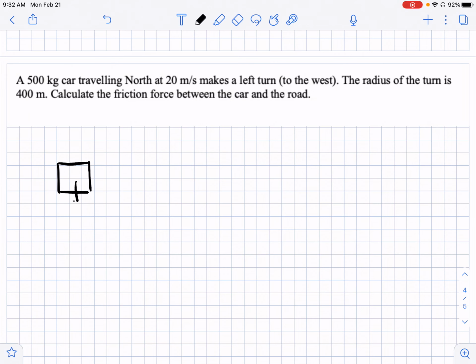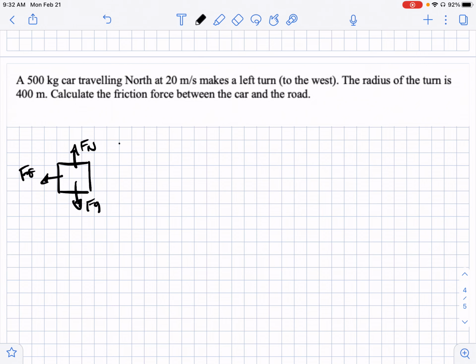Now we know we have Fg down and normal force up. But as this car is turning, it's not slipping, right? It's not skidding. So what we have here is a friction force, and that's what's keeping the car in circular motion as it's turning. In this case, my friction force is going to be centripetal.